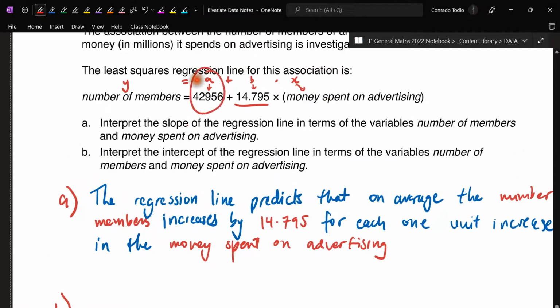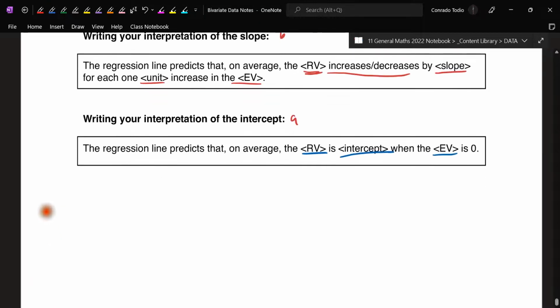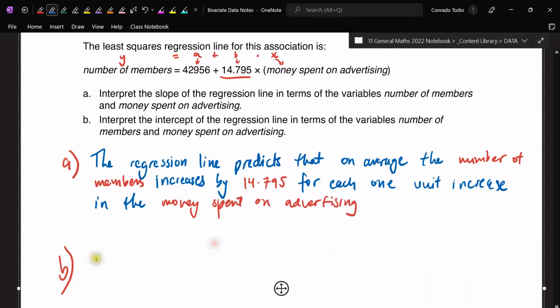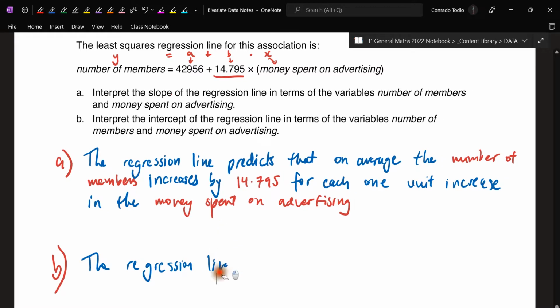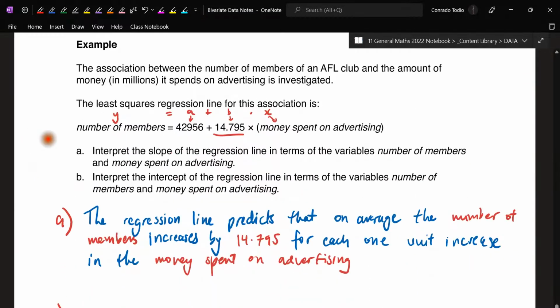So now you're going to interpret A. Again, use that sentence: the regression line predicts that on average, the RV is, and then what's the y-intercept?